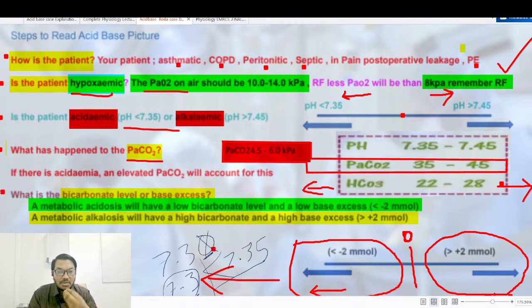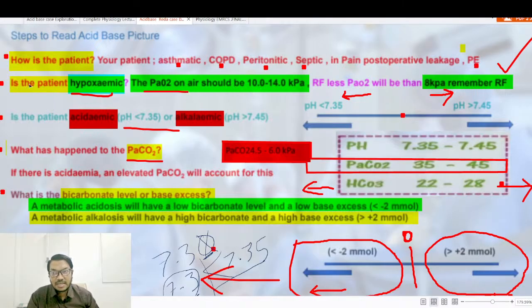I mean, is the patient able to breathe normally, or having any breathing difficulty, any active bleeding ongoing, or in severe stress. So this is the first state. In the question they will give a scenario: a post-traumatic patient, or a post-operative patient, or an asthmatic patient, a COPD patient, or an old patient, like this. So the first question: how is the patient?